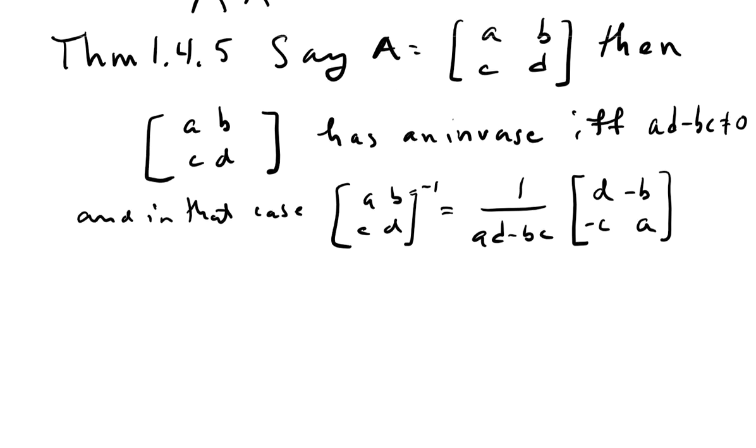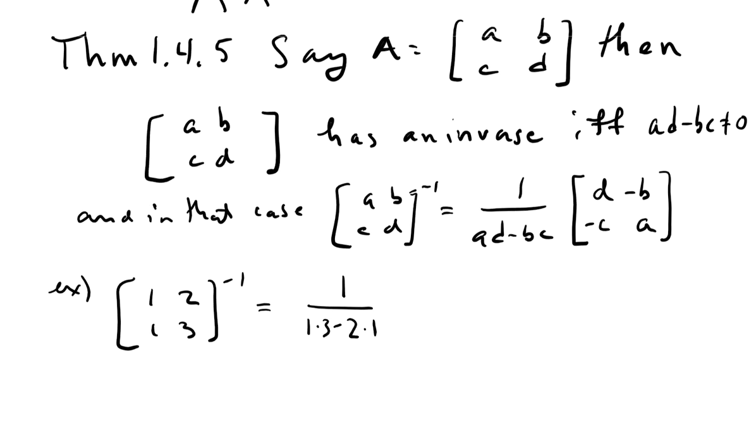So maybe an example. If I want to calculate the inverse of the matrix 1, 2, 1, 3, which is the matrix that was given to you in the previous video, it is going to be 1 over 1 times 3, so that's the product of the main diagonal, minus 2 times 1. And then you interchange the elements on the main diagonal. You hit the other ones with a negative sign.